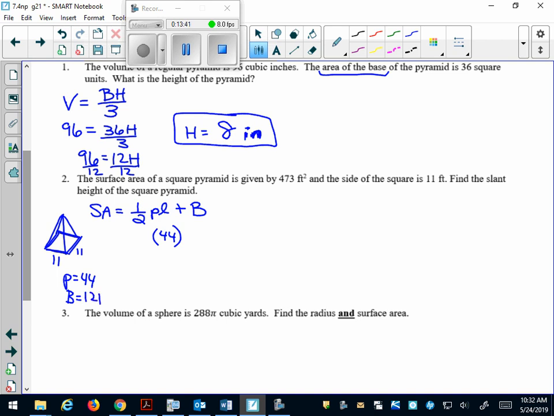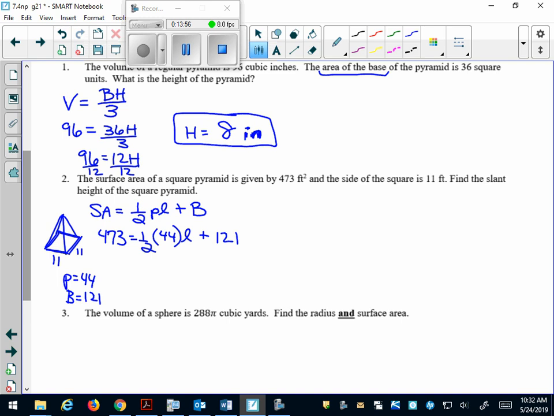So surface area, they tell us, is 473 equals 1/2. Perimeter's 44. Slant height, we don't know. Area of the base, 121. So now L is the only variable left.